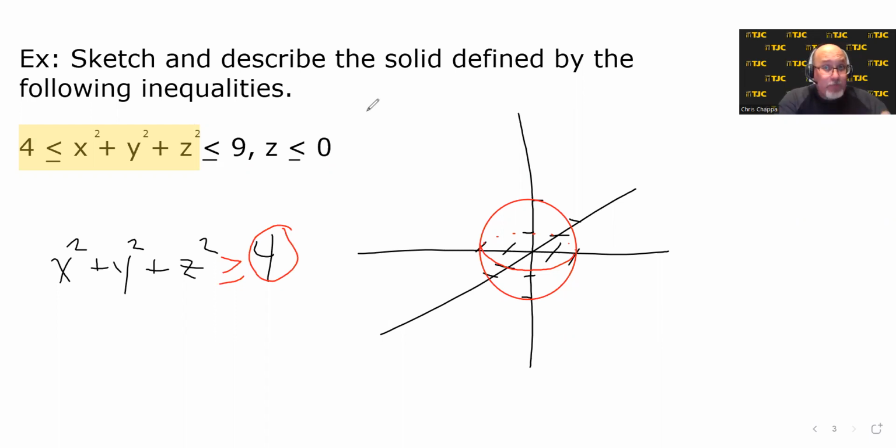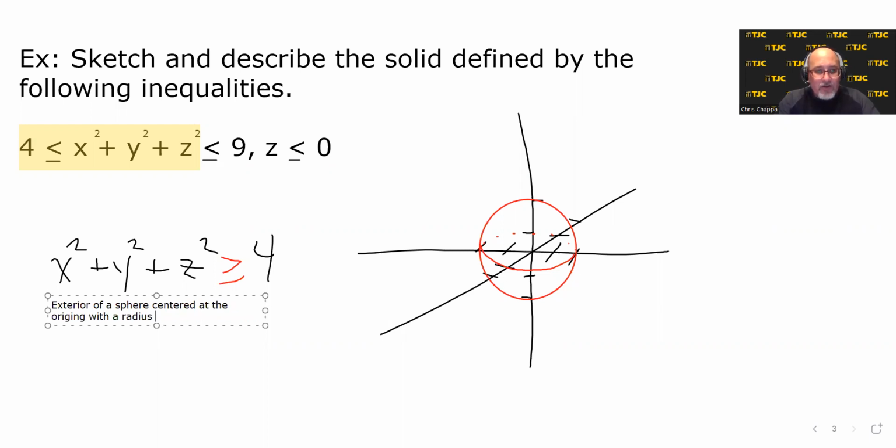So from a spherical perspective, it would be more than 2 away from the center. So what this part represents is the exterior of a sphere centered at the origin with a radius of 2.